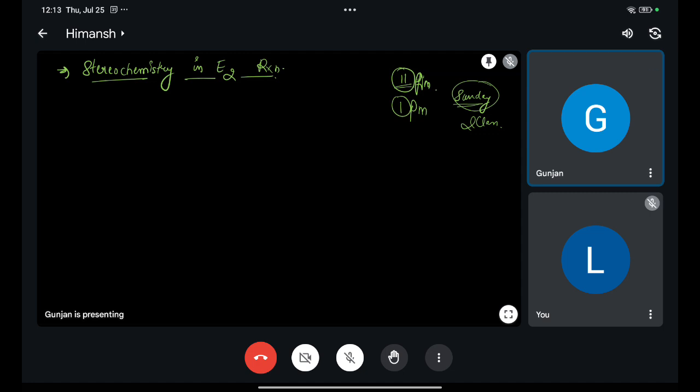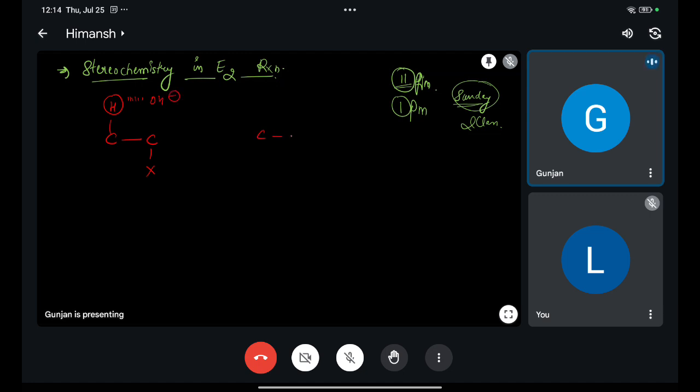So have a look. Stereochemistry of E2: the leaving group should be opposite to the attacking base. That means if we are having halogen and hydrogen, in the E2 reaction the base attacks oppositely.